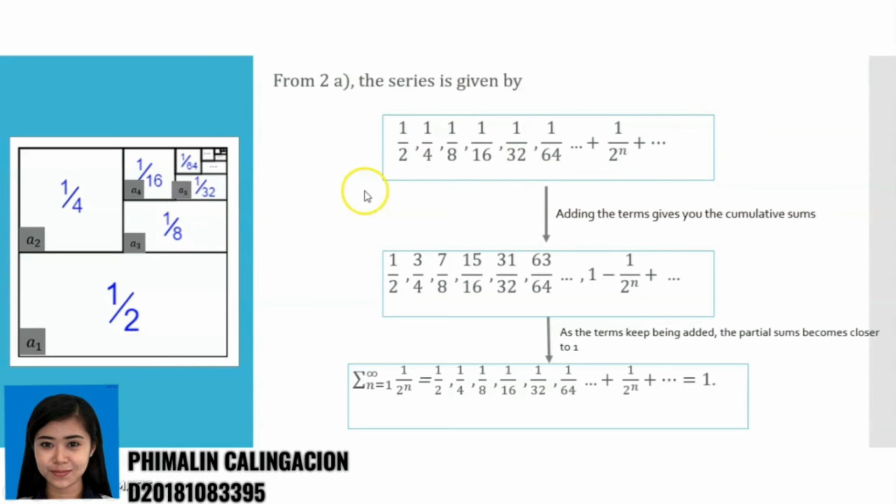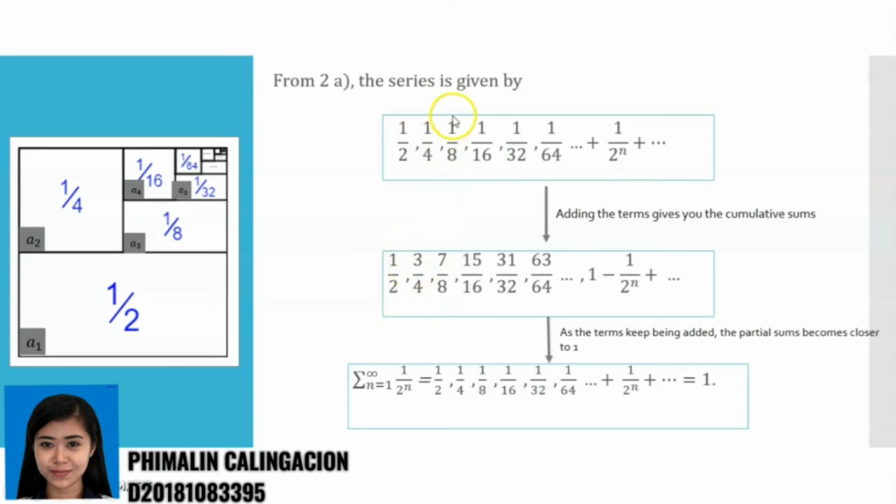So this is the series. 1 over 2 represents the area of A1. 1 over 4 represents the area of A2. 1 over 8 represents the area of A3, and the rest of the terms represent the areas in the diagram. By adding the terms, it gives us the cumulative sums. If we add 1 over 2 with 1 over 4, we get 3 over 4.